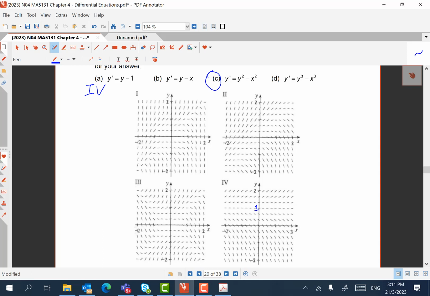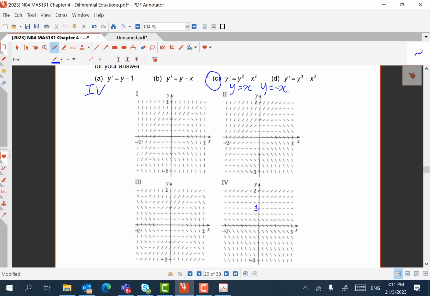If you look at part C, DE, it tells you that along the line y equals x, and along the line y equals minus x, the gradient is 0.